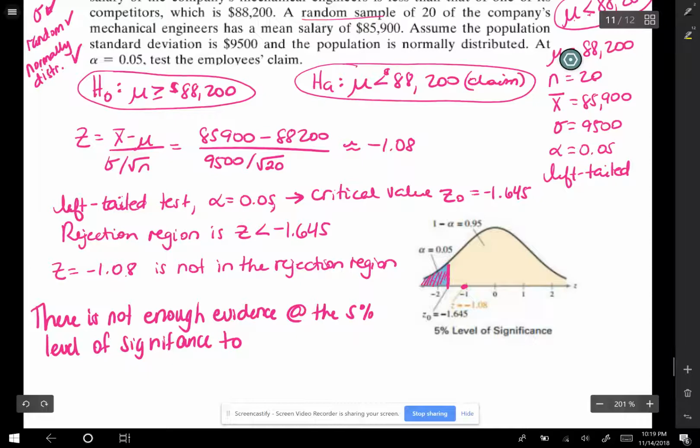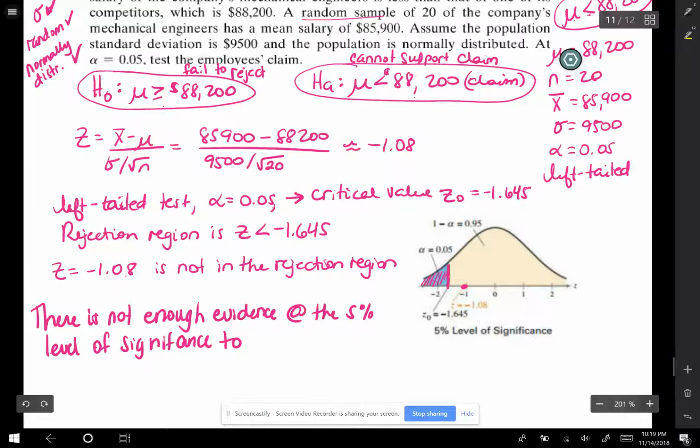So since there's not enough evidence to reject, or there's not enough evidence at the 5% level of significance to support our claim. So since we're not in the rejection region, we can't reject. So I'm going to write this up here. So if we're not in the rejection region, we fail to reject the null hypothesis, which means we cannot support our claim.